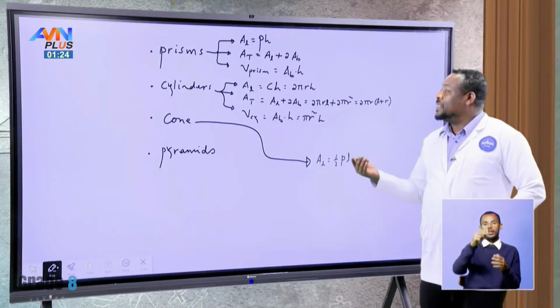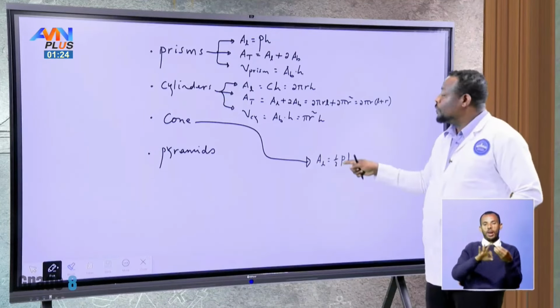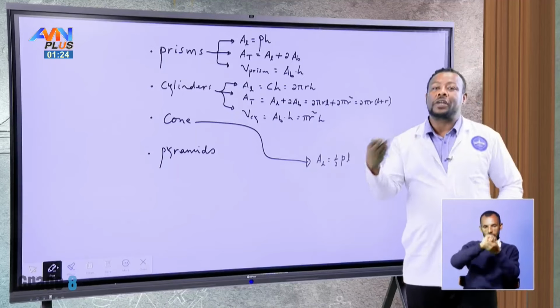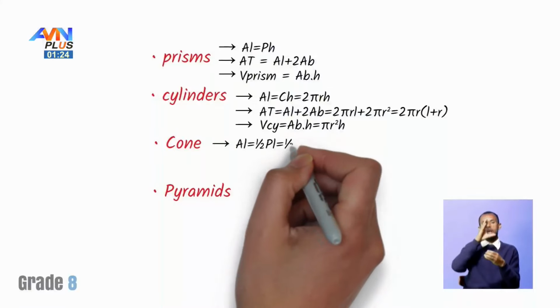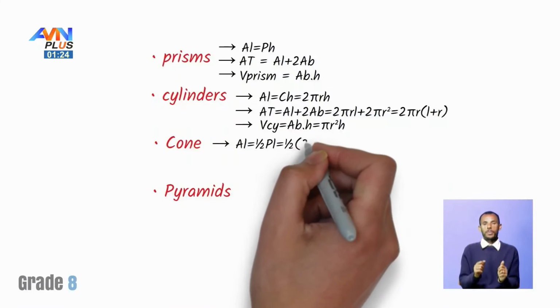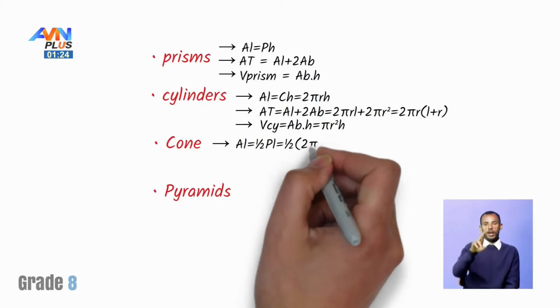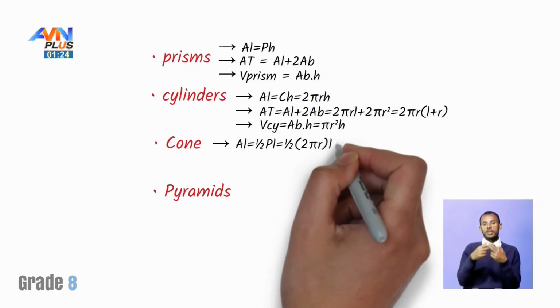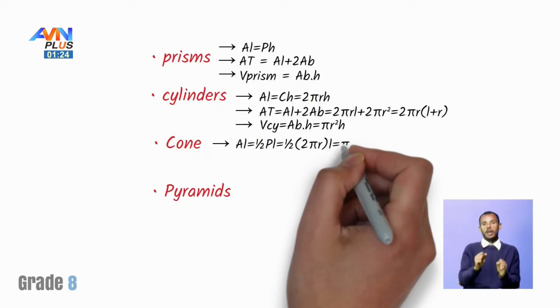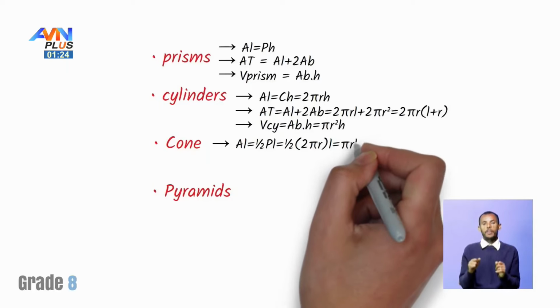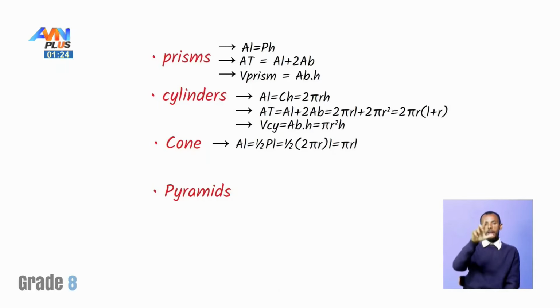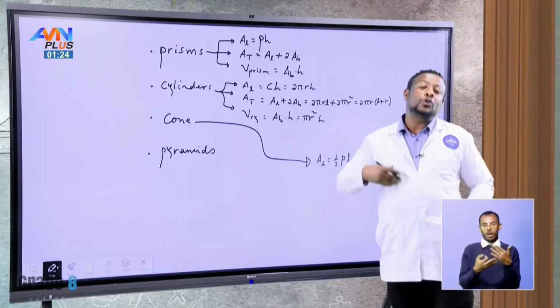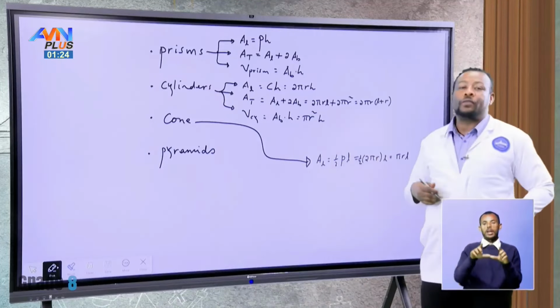Since the base is circular, in place of P, you can substitute the circumference, 2 pi r, times 1 over 2, times L. So this can be simplified into pi r L. This is the formula that we use to calculate the lateral surface area of a cone.